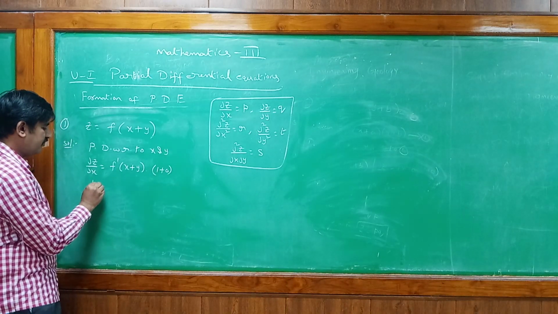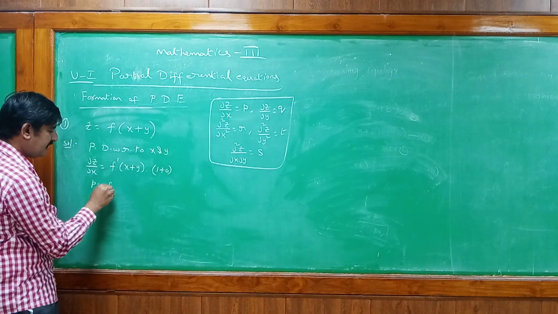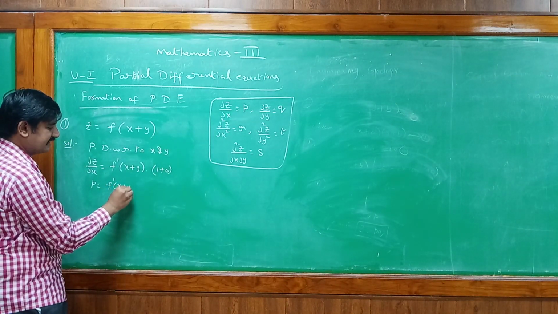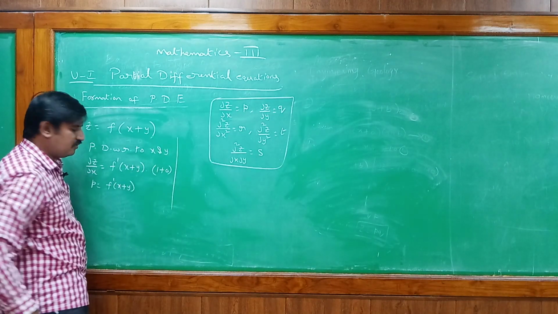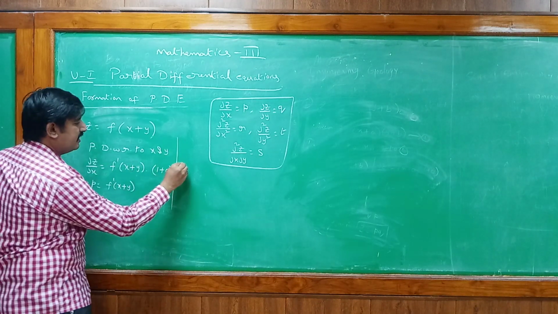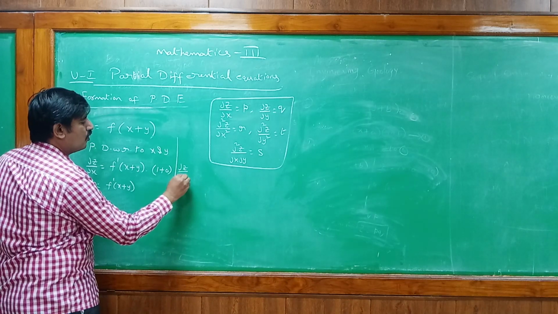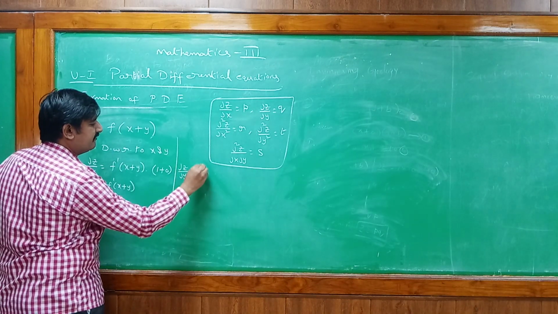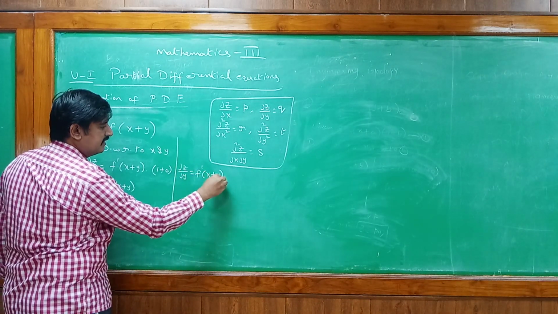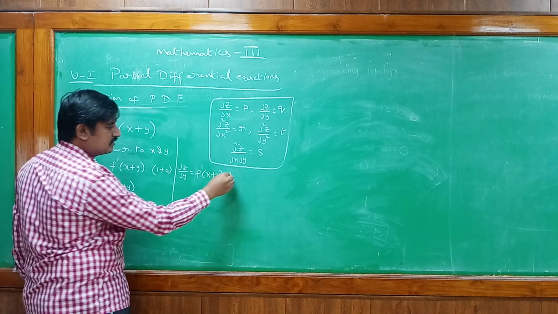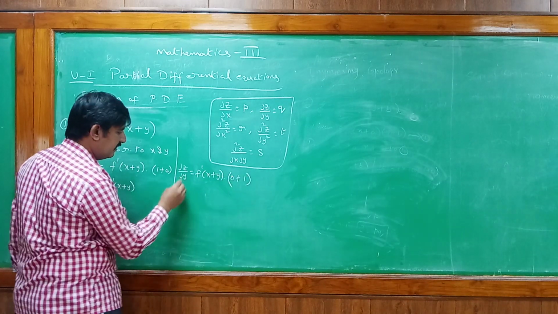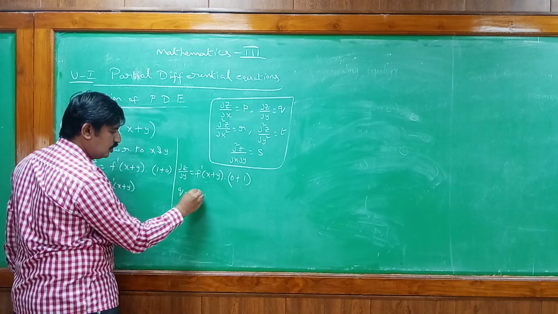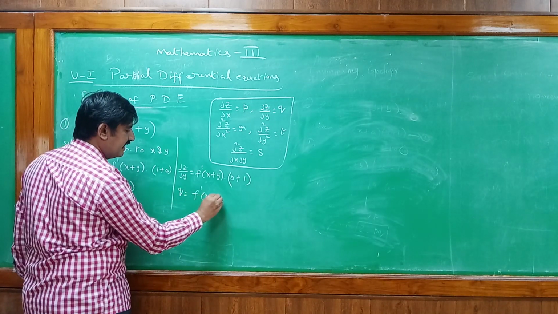So dou z by dou x, that is p, is equal to f dash of x plus y. Similarly with respect to y, dou z by dou y is f dash of x plus y into (x is constant, 0; y is 1). So dou z by dou y, which is q, is equal to f dash of x plus y.